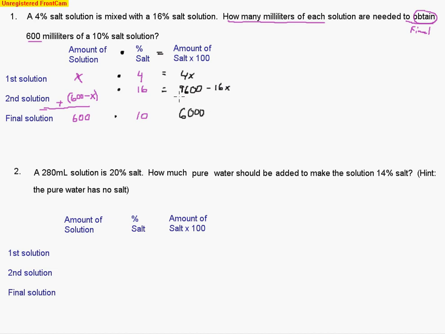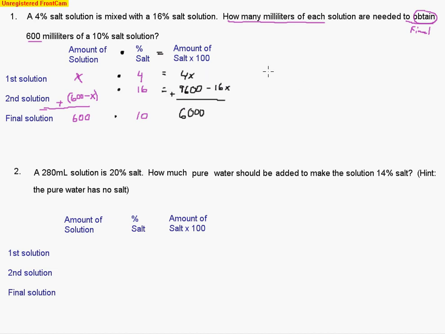So I'm ready to solve, and the way we solve it is we just take these two amounts. Remember, the amount of salt in this solution times 100, and the amount of salt in this solution times 100 equals the amount of salt for the final solution times 100. So I can go ahead and add these two parts together.